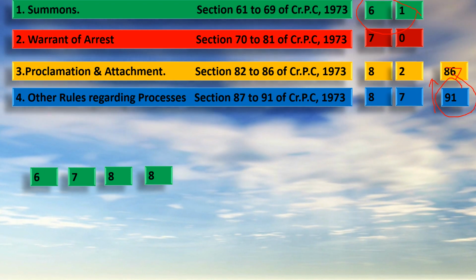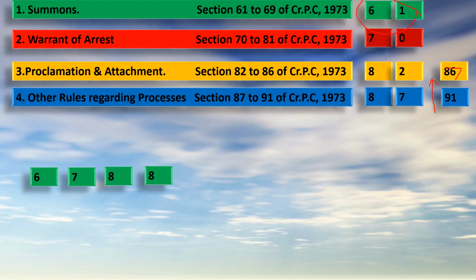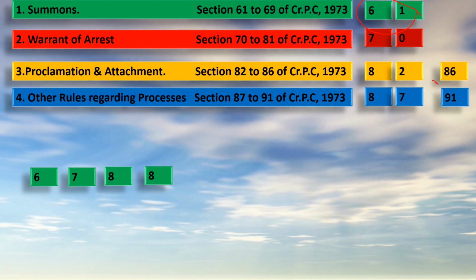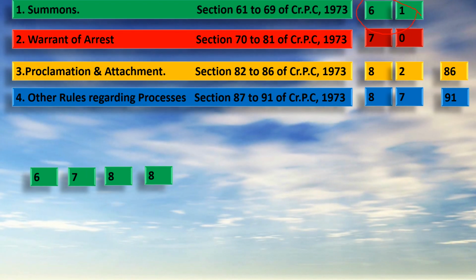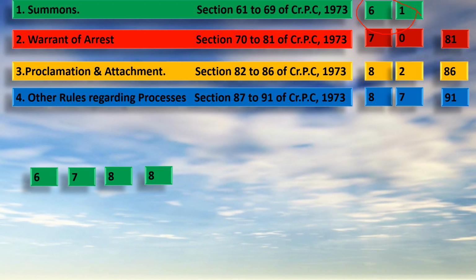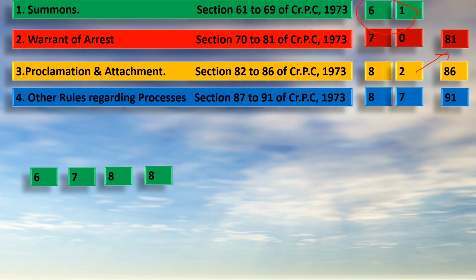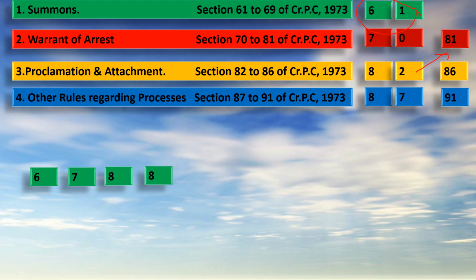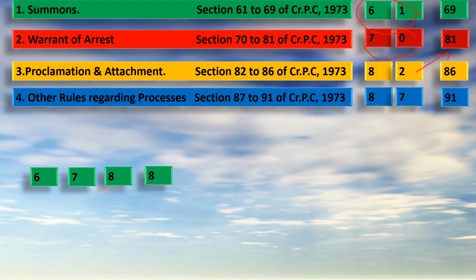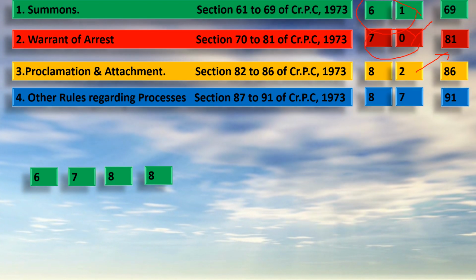If proclamation starts at section 82, the previous one ended at section 81. And if warrant of arrest starts with section 70, the previous one ended with section 69.